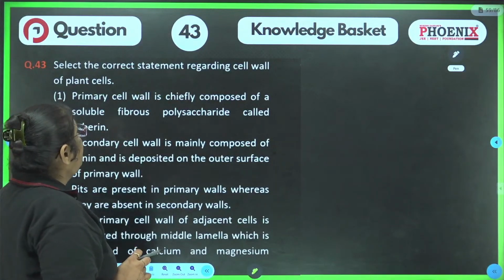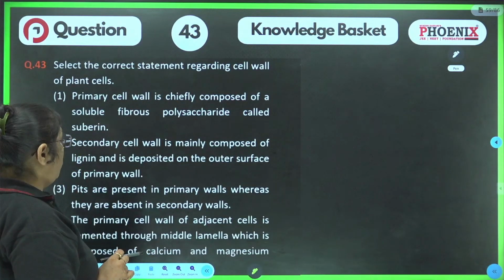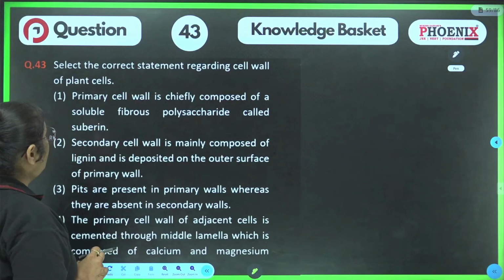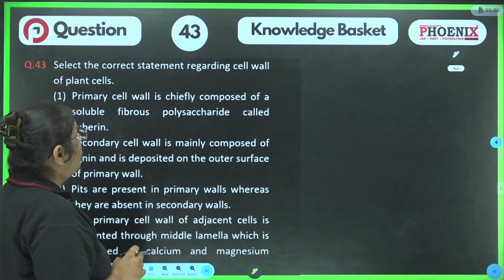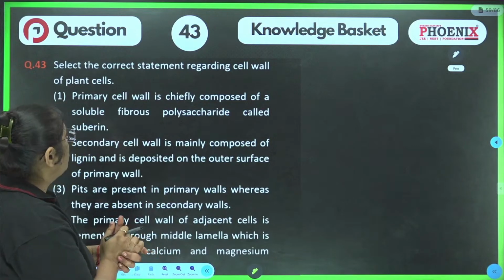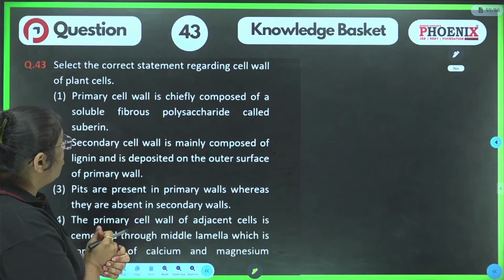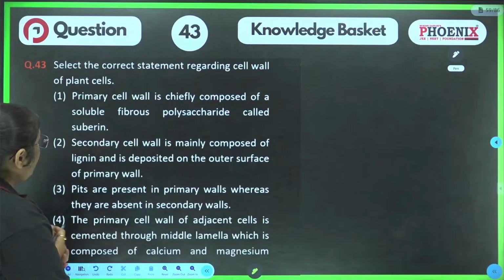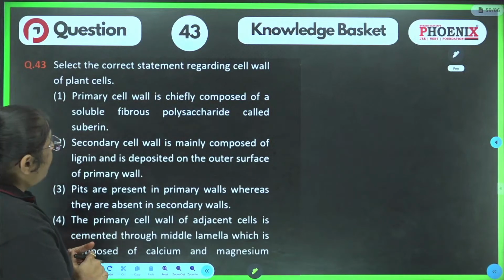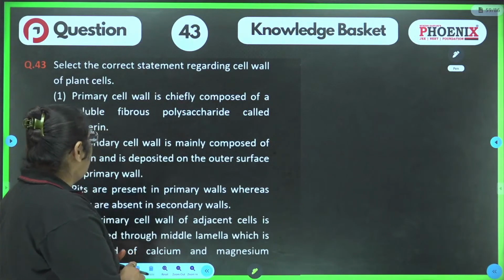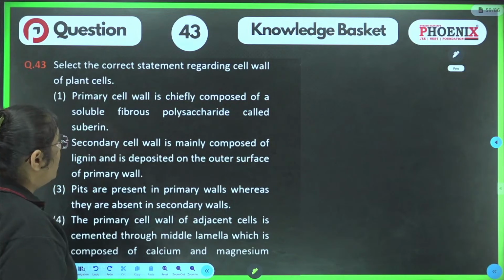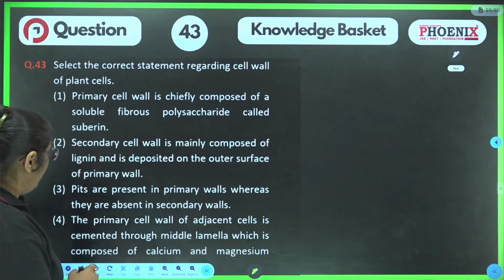Select the correct statement regarding the cell wall of the plant cells. Primary cell wall is chiefly composed of the soluble fibrous polysaccharides called suberin. Secondary cell wall, mainly composed of lignin, is deposited on the outer surface of primary wall.